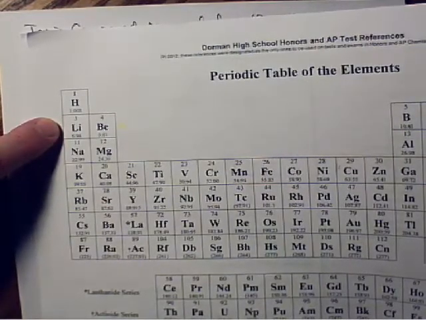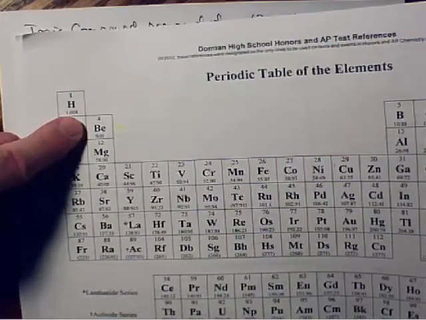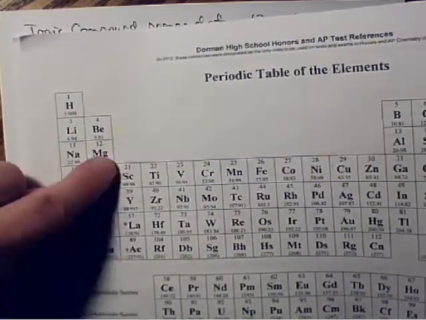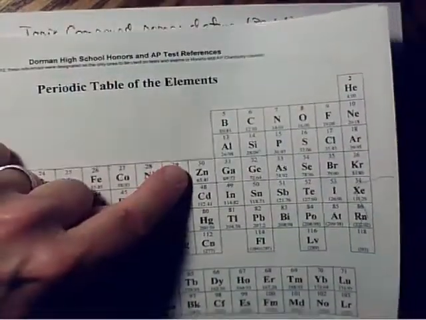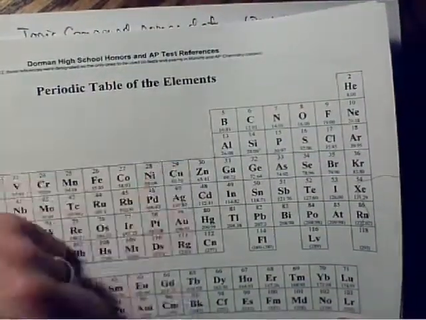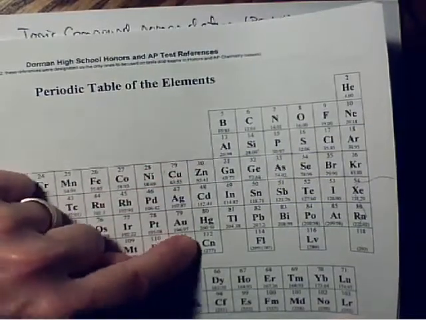Or if you're writing it as a superscript on the symbol, it's just simply a plus sign. Column 2, 2 plus. Column 3B, 3 plus. This column here, the last column of the transition metals, those are all 2 plus.